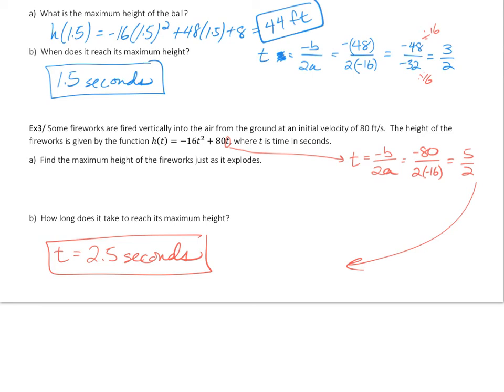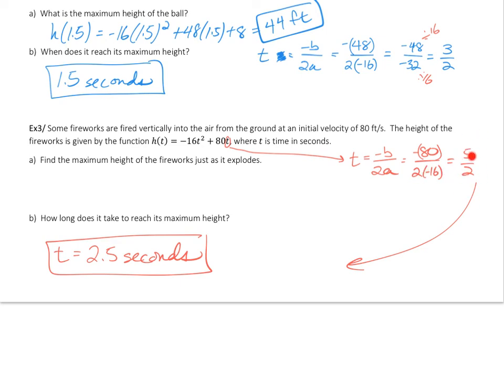So the first part of this, the variable being used here again is t. So the t in this case is time in seconds. So the t is negative b over 2a. So negative b is 80 over 2a. In this case is 2 times negative 16.